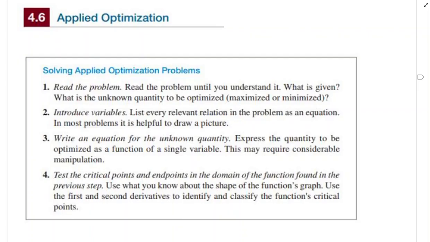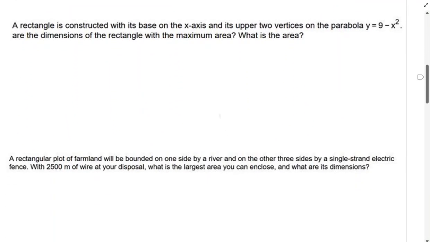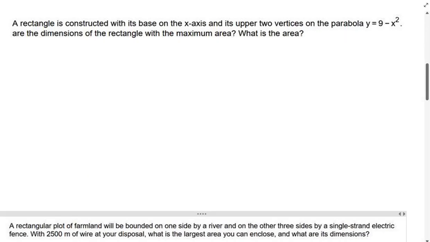By all means, we can do it. Here we go. A rectangle is constructed with its base on the x-axis and its upper 2 vertices on the parabola y equals 9 minus x squared.